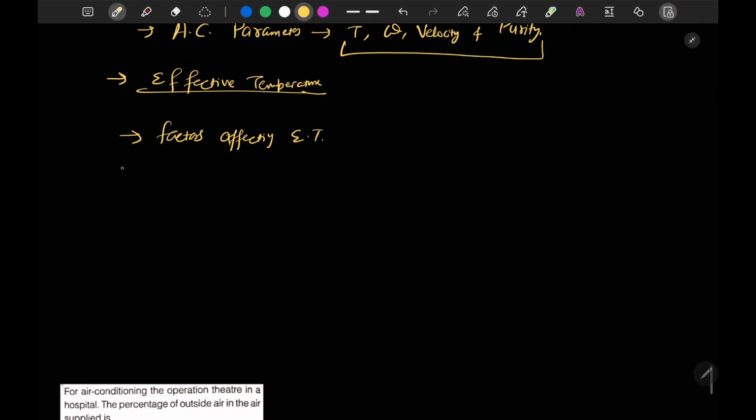Then we also looked into ventilation air. In ventilation air we have seen what is sensible heat factor, what is room sensible heat factor.